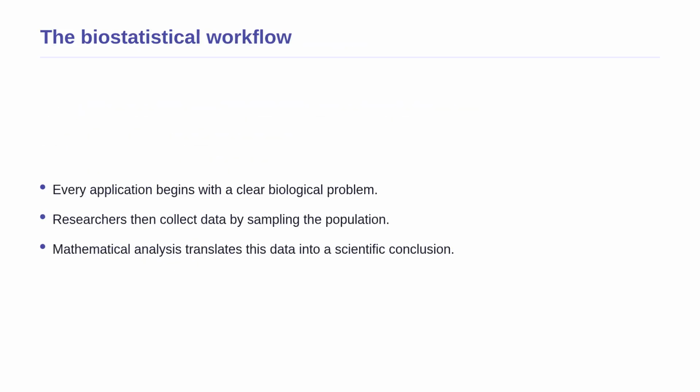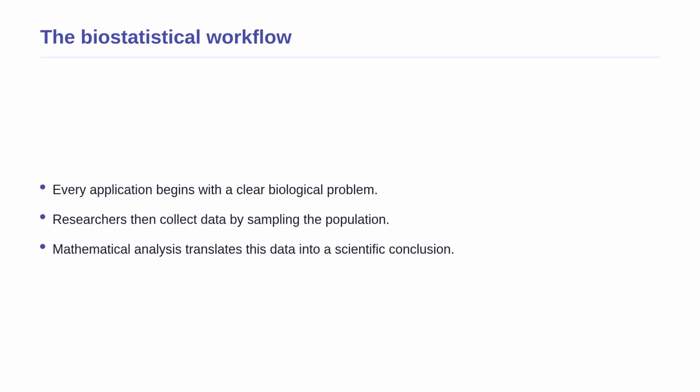Before we visualize the entire process, let us discuss the standard workflow that every biostatistician follows. Every application of biostatistics begins with a clear biological problem, such as an unexplained disease outbreak or a need for better crop yields. Once the problem is defined, researchers move to rigorous data collection, ensuring they sample the population correctly.